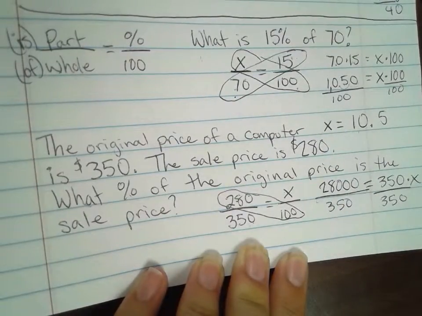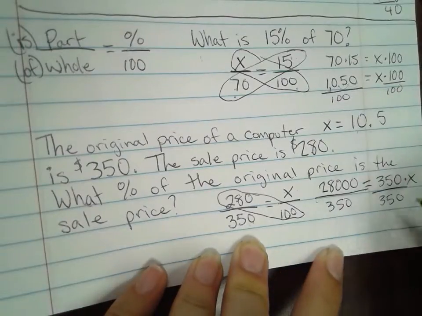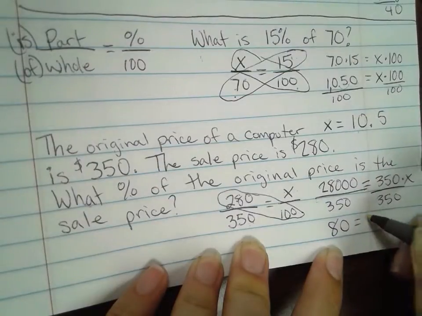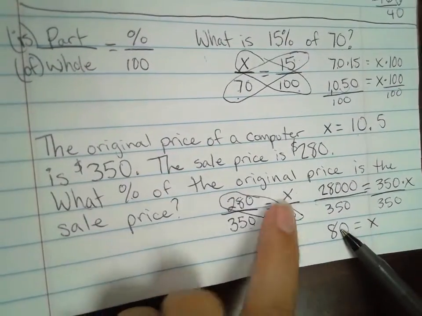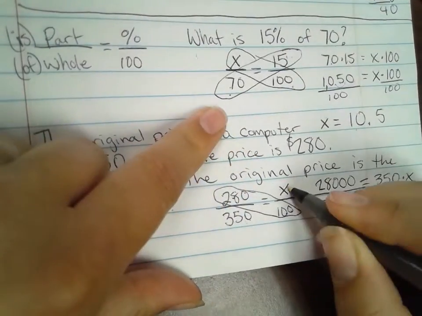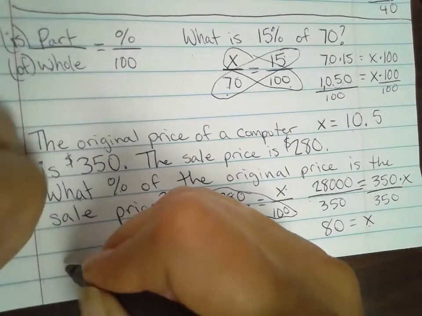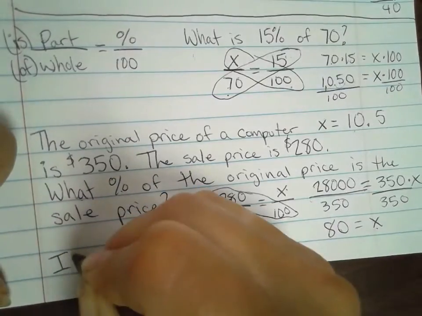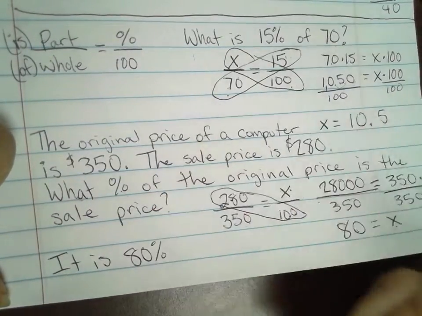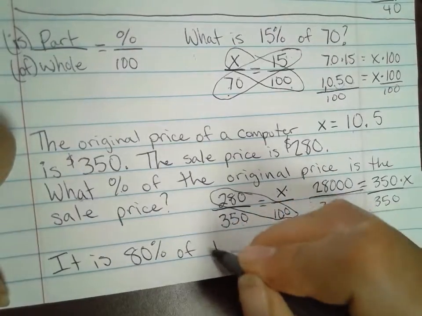Just because we are short on space, 28,000 divided by 350 equals 80. So I get 80 equals x. X represented this. So if x equals 80, that means the answer is 80%, because that's what it asked, of the original price.